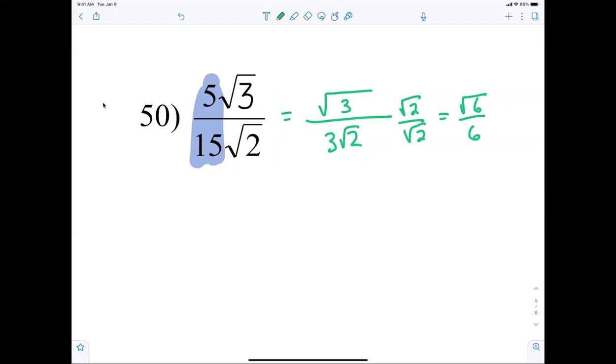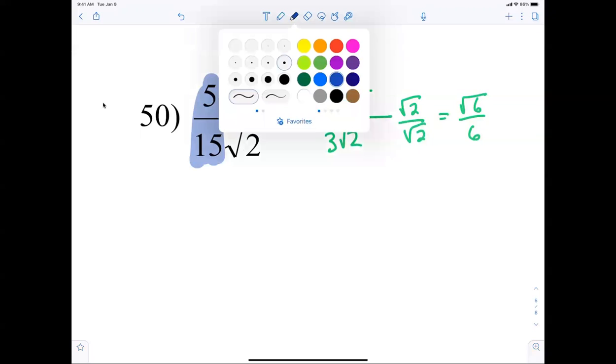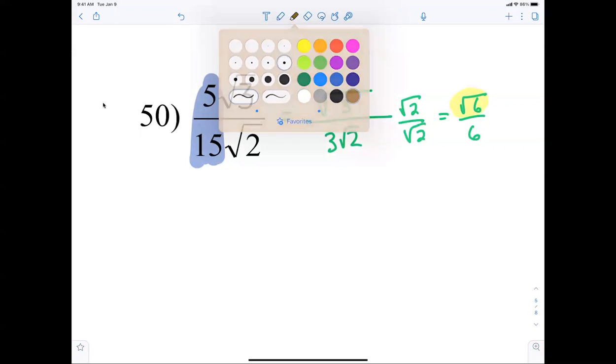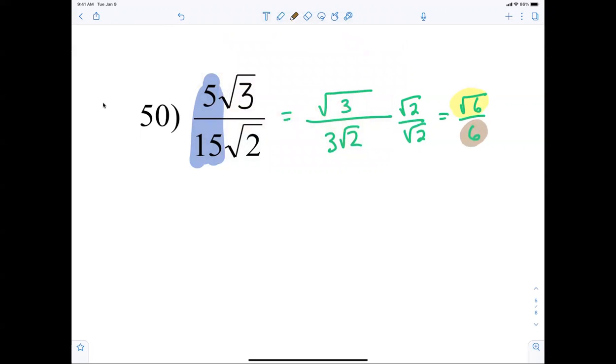No. This is called an irrational number. You can't do anything with that. And this guy down here is rational. I can reduce the 5 and the 15 because they are both rational. You cannot reduce one and the other.